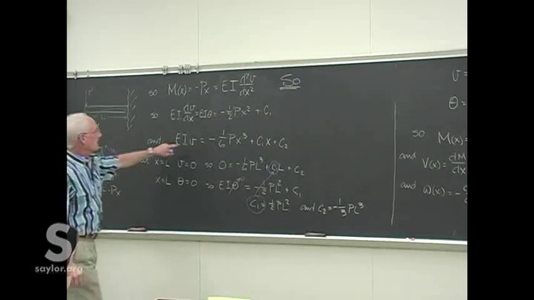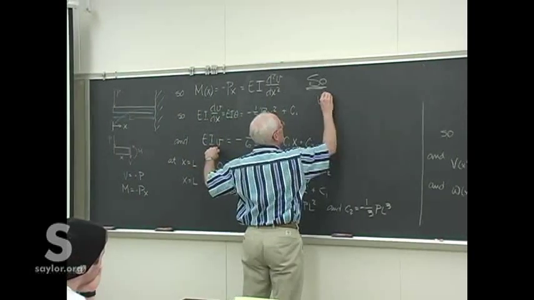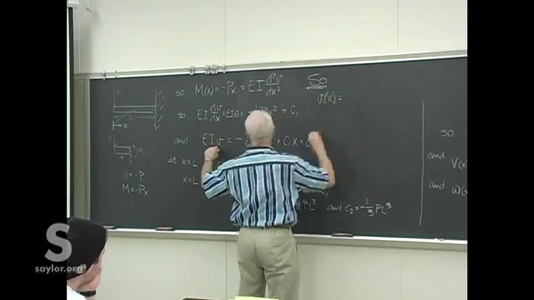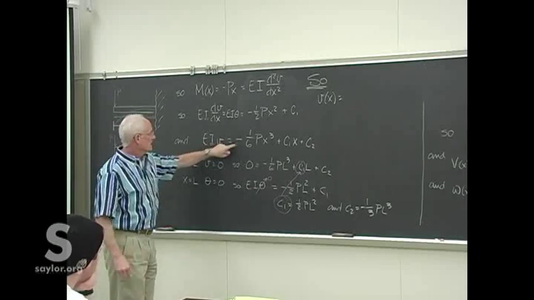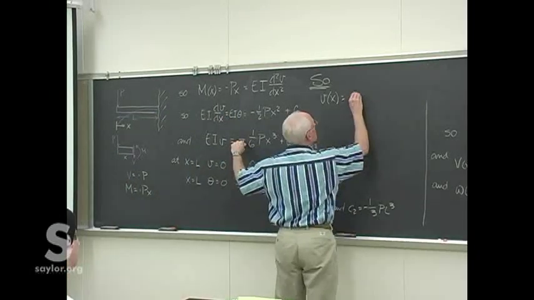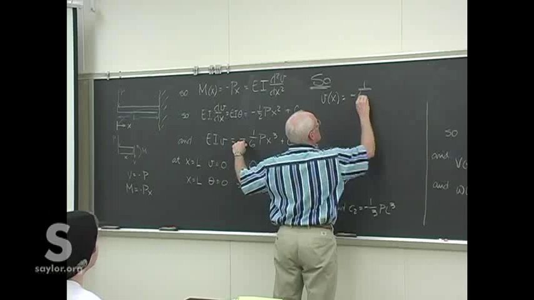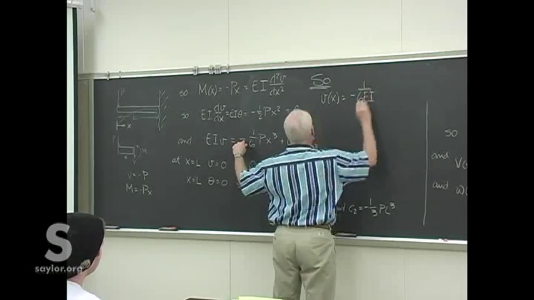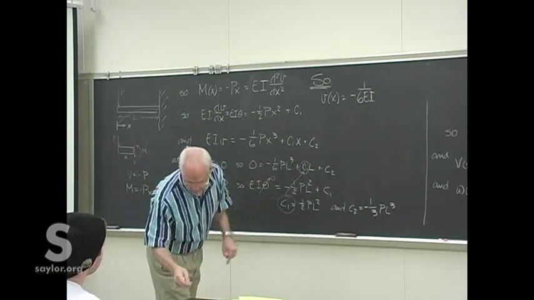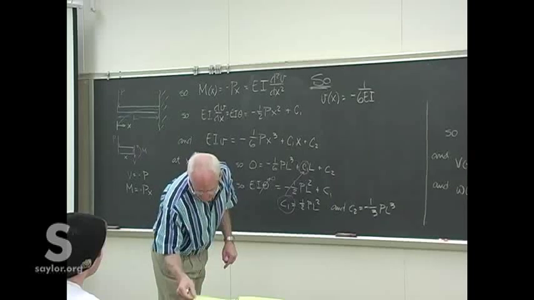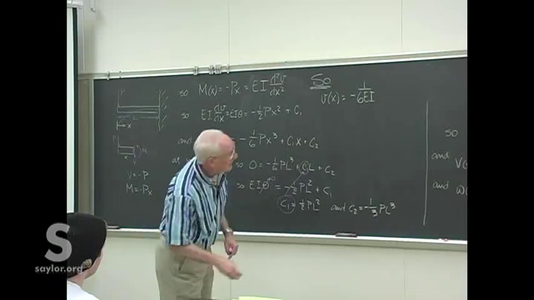Now we can put it together. So the curve as a function of x equals minus 1/6 EI. Actually, I think I can clean it up a little bit.